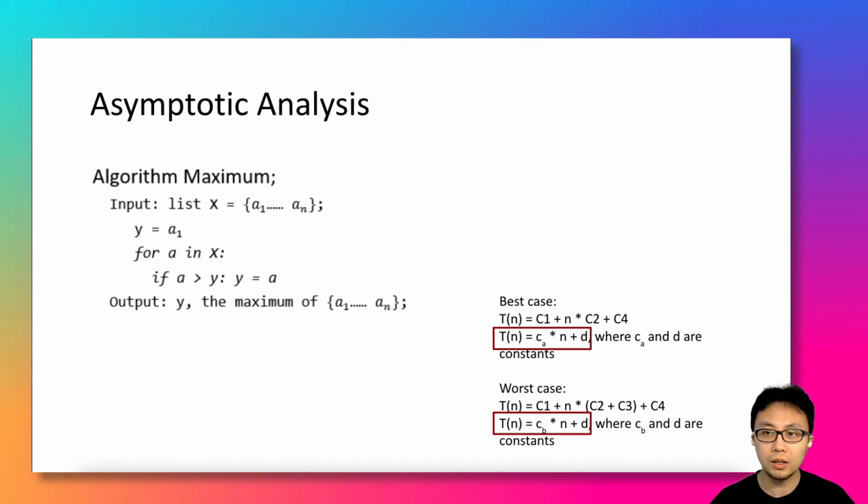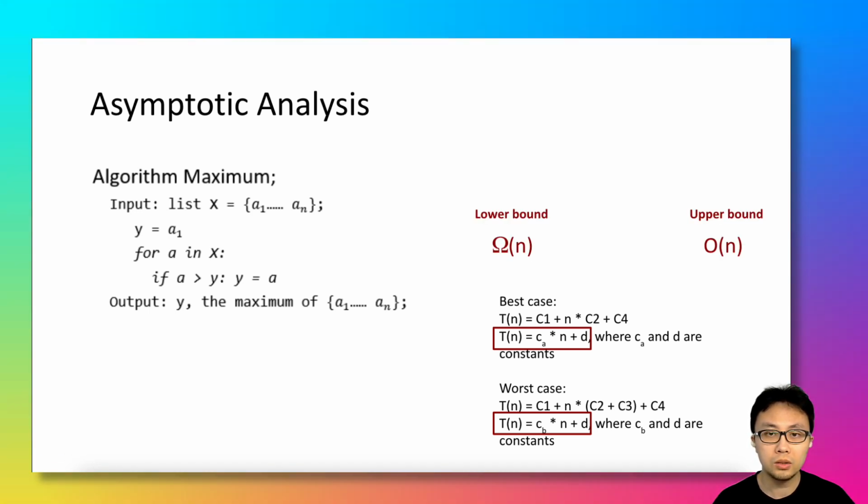We know that regardless of whether you're talking about the best or worst case, its time complexity function will always be a linear function of n. Based on what you learned from growth of functions, you need to apply the definition of bounds and identify its upper, lower, and tight bound. That's what asymptotic analysis is all about.